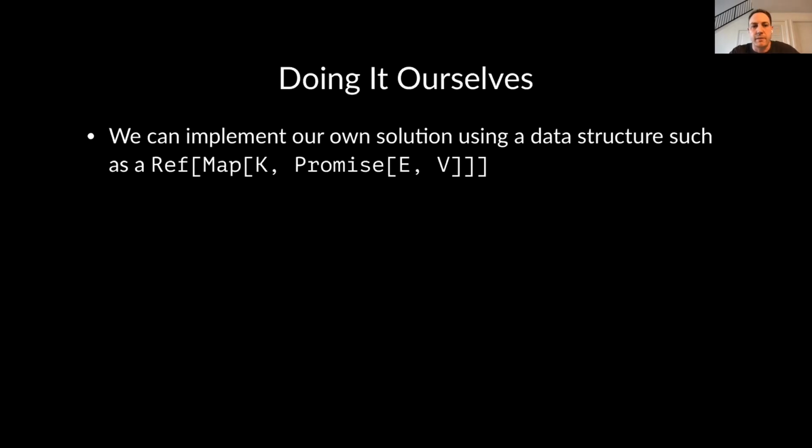We can manage it ourselves: every time someone makes a request, we'll modify this Ref. If the key is in there, then we'll return the promise and you can wait on that. And if the key's not in there, then we'll create a new promise and kick off some effect that's going to complete the promise. And we can do all that stuff.